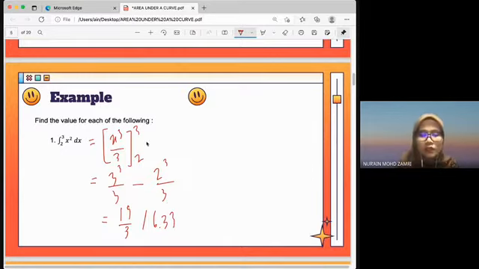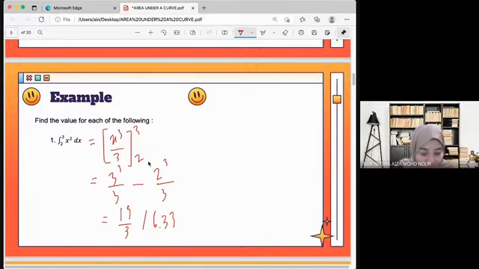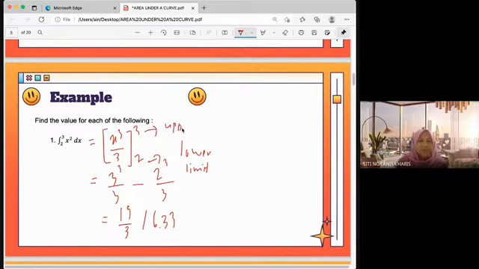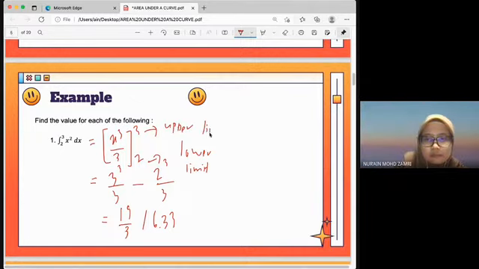That's correct. Which one is our upper limit and which one is our lower limit? 2 is our lower limit and 3 is our upper limit. Yes, correct. I hope you can tell which one is the lower limit and which one is the upper limit, and know how to integrate the functions.